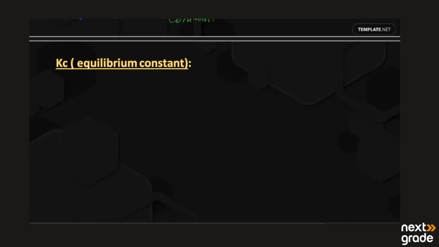Next we have the definition of Kc. What does the Kc, or equilibrium constant, mean?